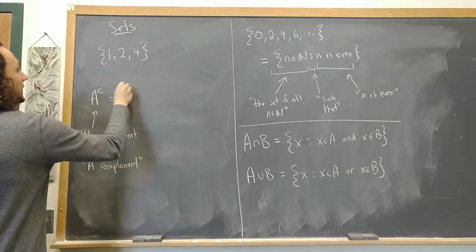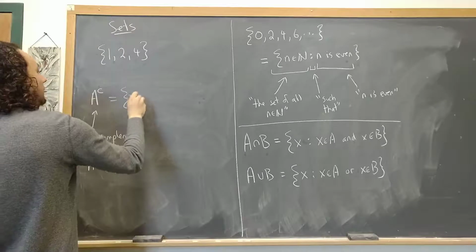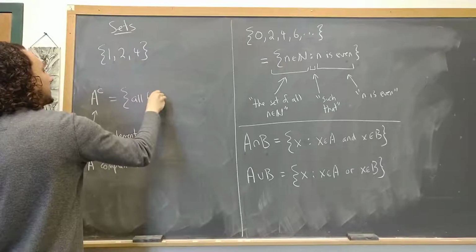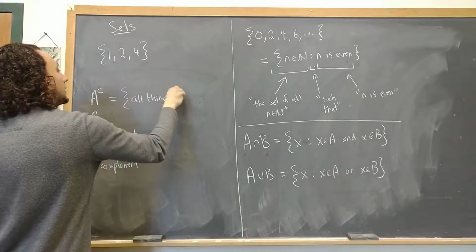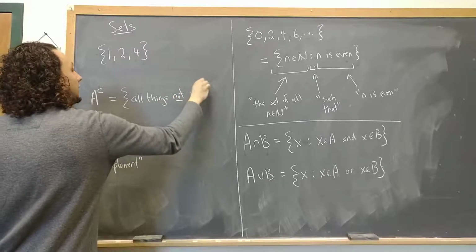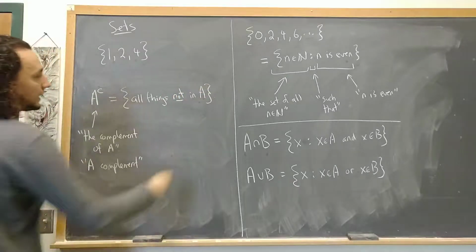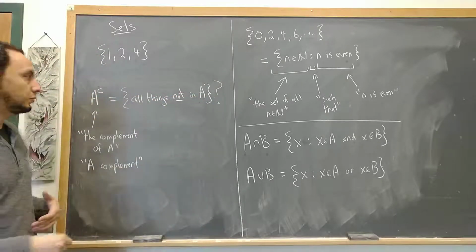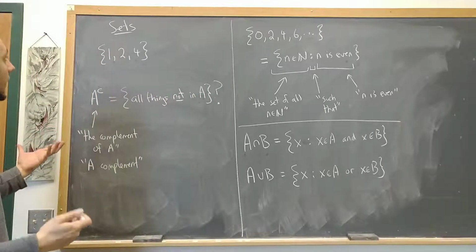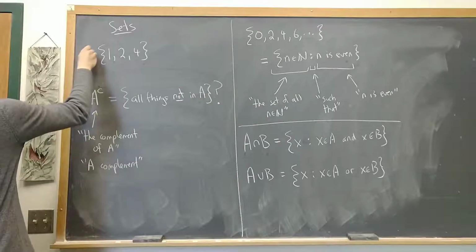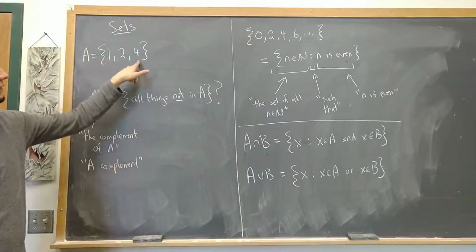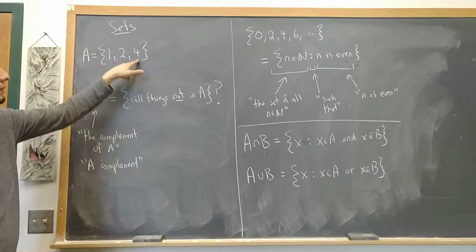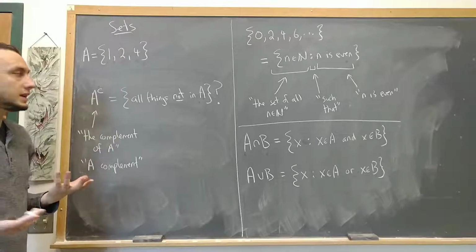And the idea is this is supposed to be the set of all things not in A. But the problem with this conceptual definition is, what do you mean all things not in A? If, for example, I take A to be this set, this very simple set that contains these three numbers, what things count as not being in A?